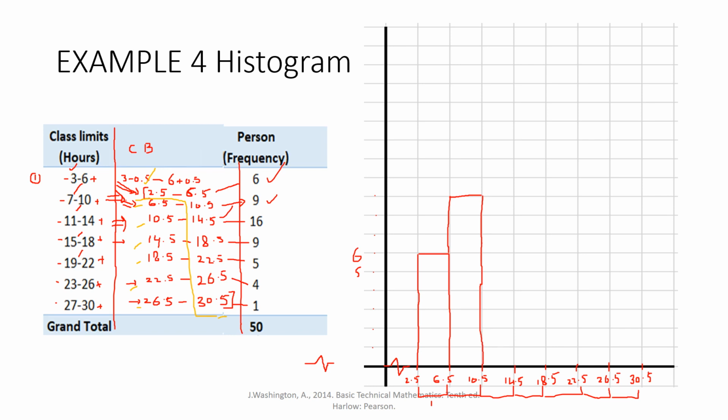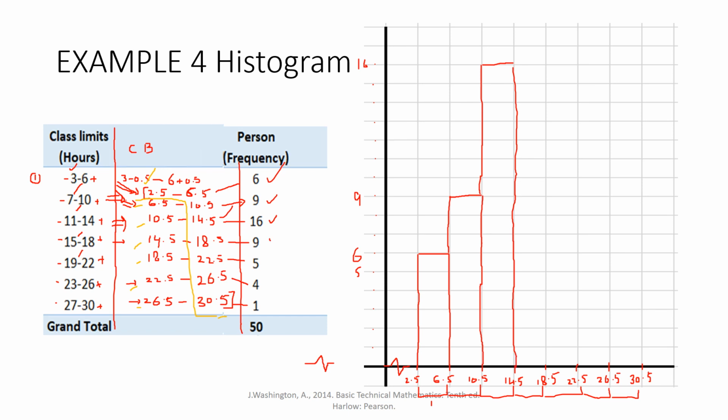Another was 16. So 10, 11, 12, 13, 14, 15, 16. Here is 16 and it will be here. There is no gap between the bars.